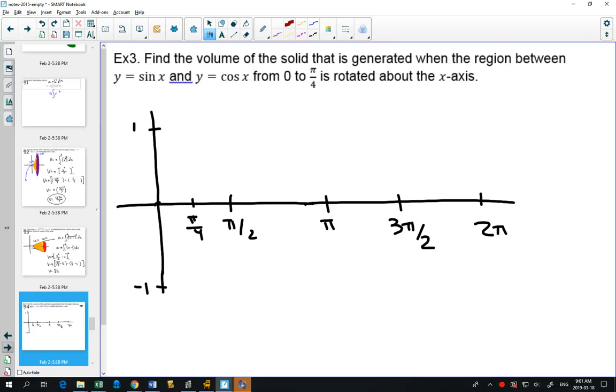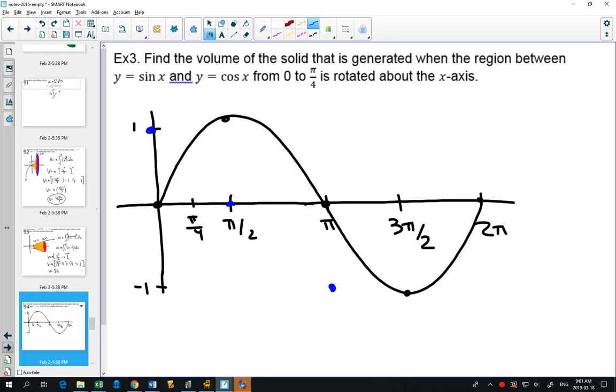How does the sine graph go? There's our sine graph. Our cos graph, same thing. Graphed it from 0 to 2 pi because that helps us graph it.